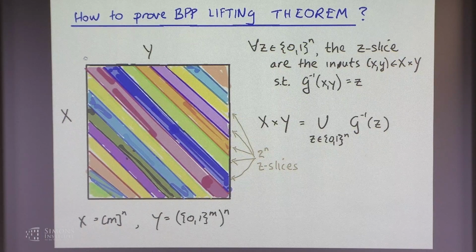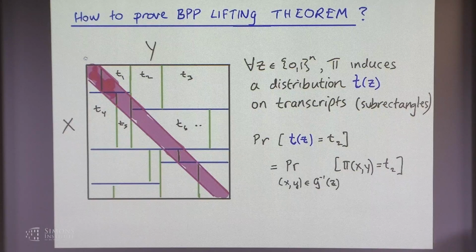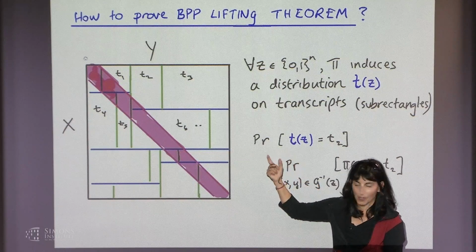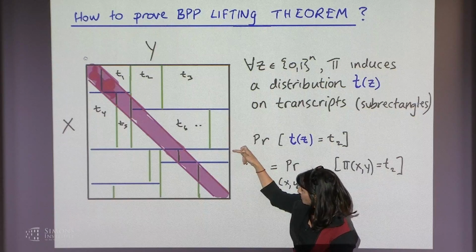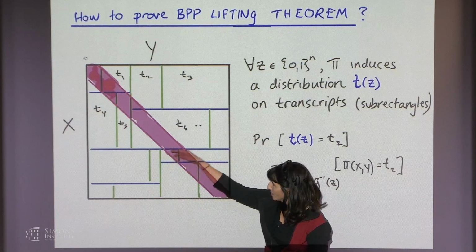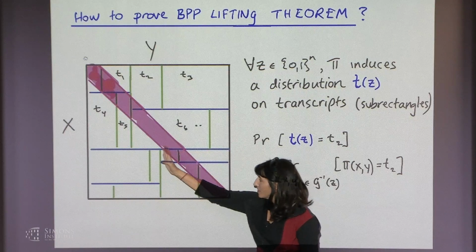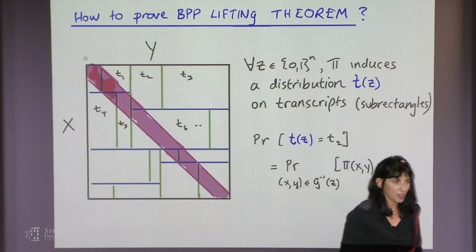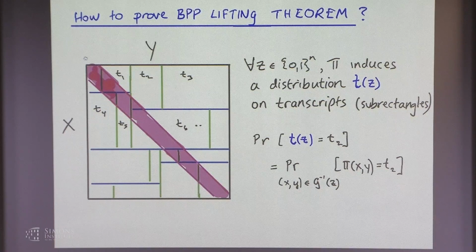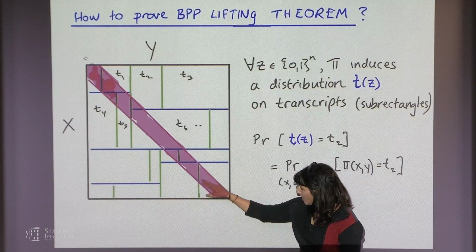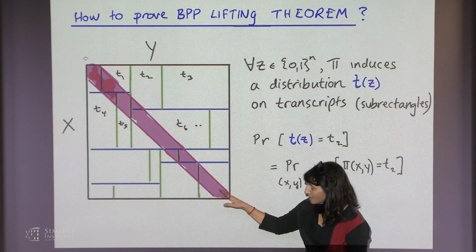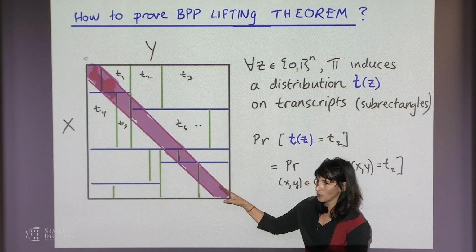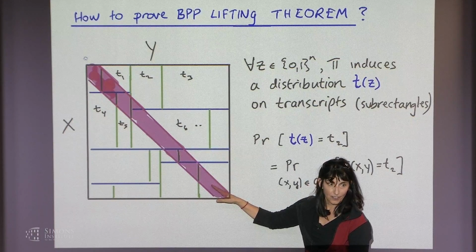Questions? Okay, so this is a picture of the protocol. Remember, it's a deterministic protocol. In this case, this blue line means Alice spoke first, partitioned her input into 2 pieces, and then Bob spoke, and so on. So these are all the rectangles that were induced by the deterministic protocol pi. Again, I don't care about the value of f on them. What I really care about is how each z slice is distributed relative to them. So this is a particular z slice: all the inputs x, y consistent with a particular vector of length n.